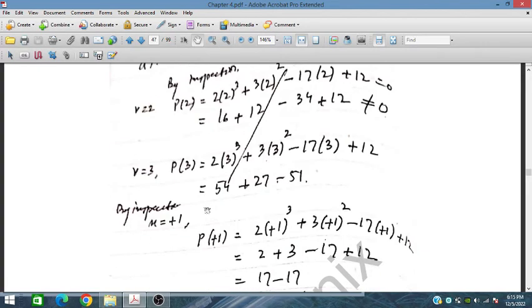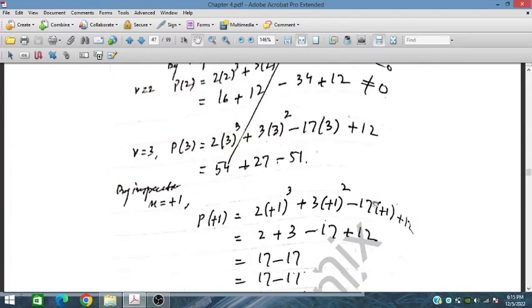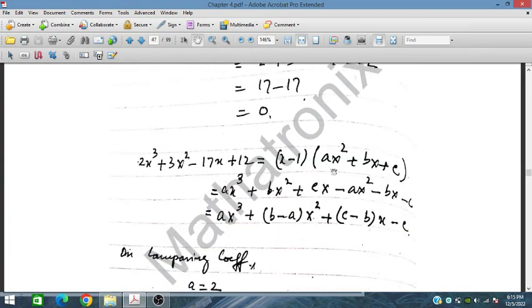So this polynomial will be equal to x minus 1 times ax square plus bx plus c. By opening this bracket, we have obtained these results. So ax cube, then bx square minus ax square, take common, b minus a, and x square is common.